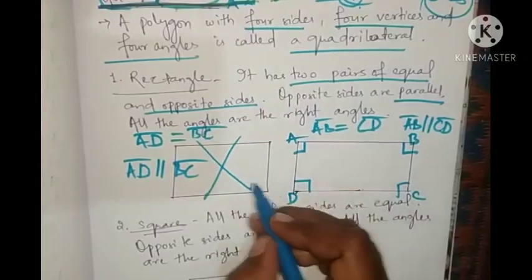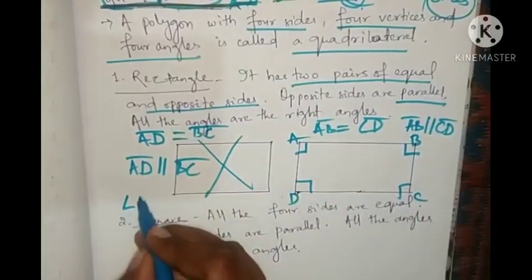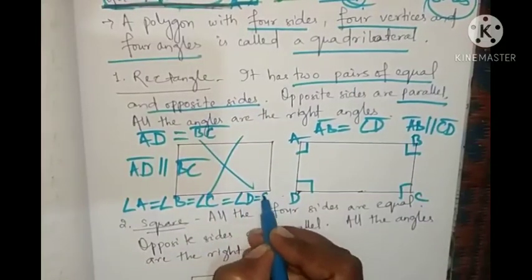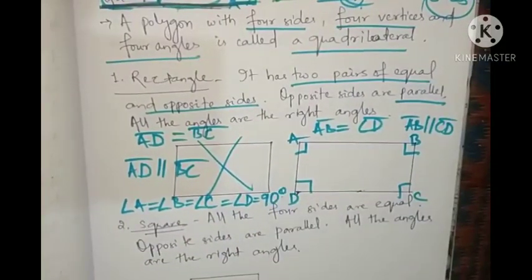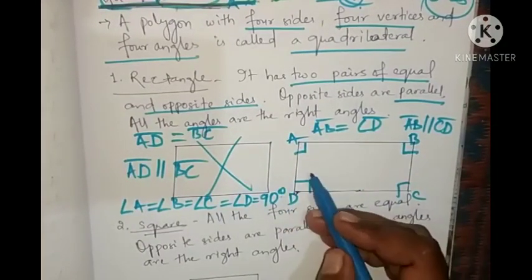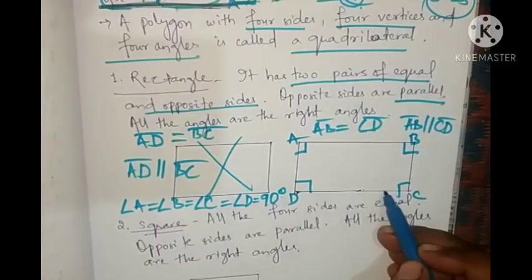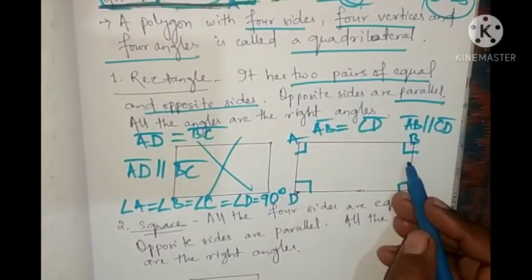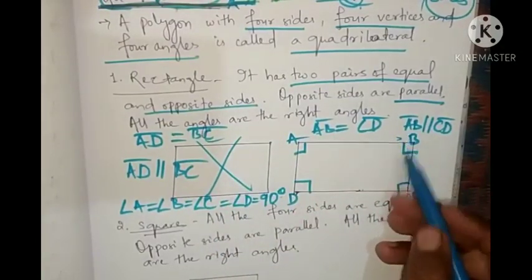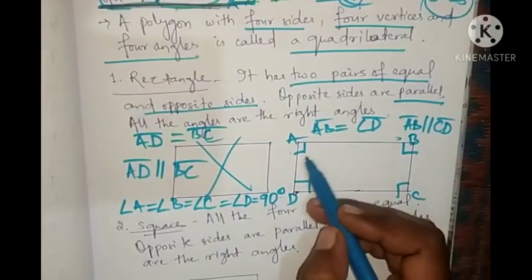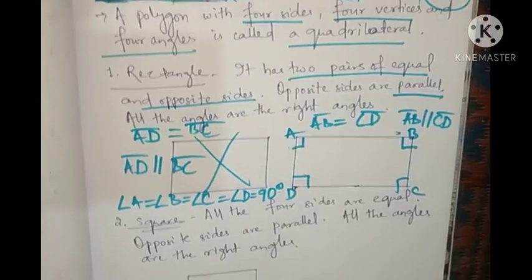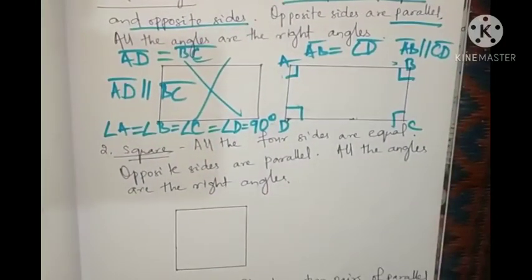Angle A equals angle B equals angle C equals angle D equals how much? 90 degrees. So this is called a rectangle: a quadrilateral with 2 pairs of equal and opposite sides and all angles 90 degrees.